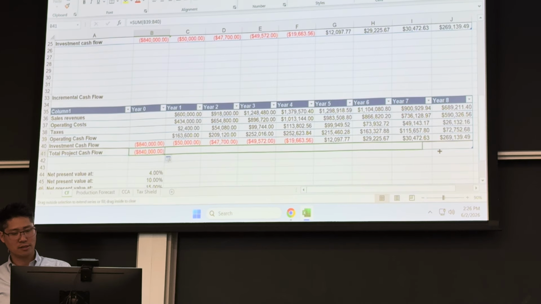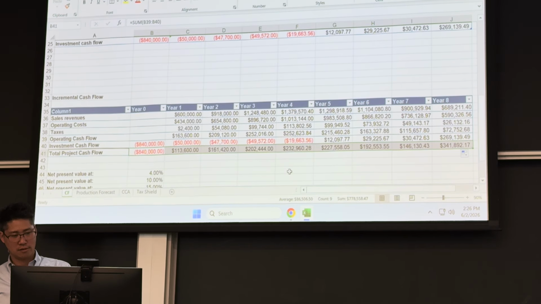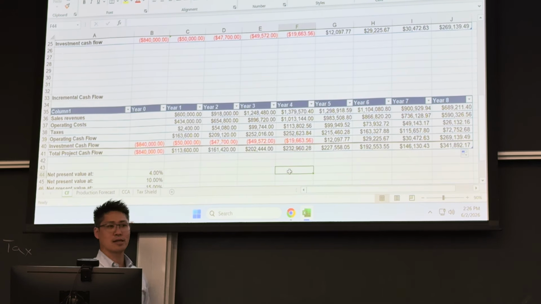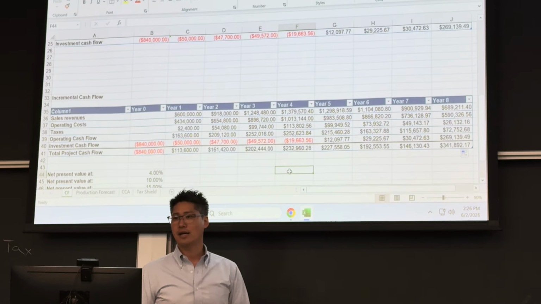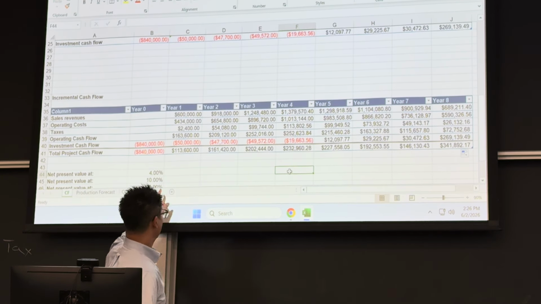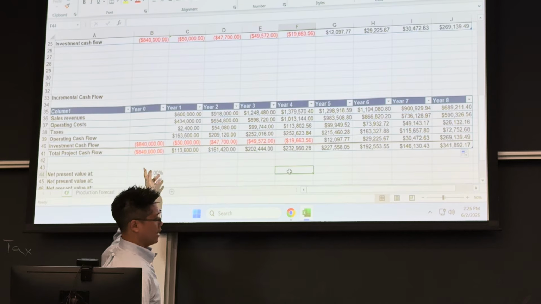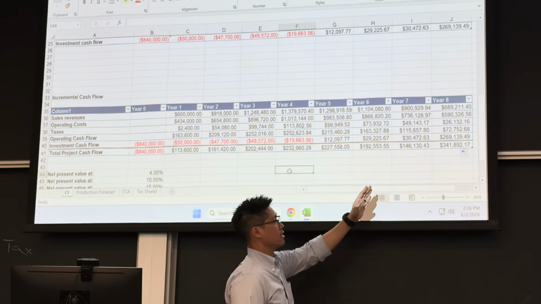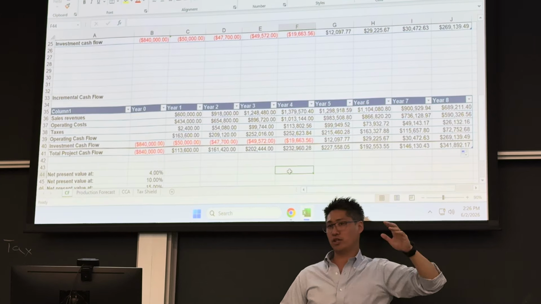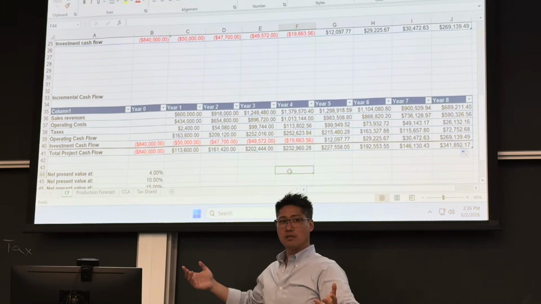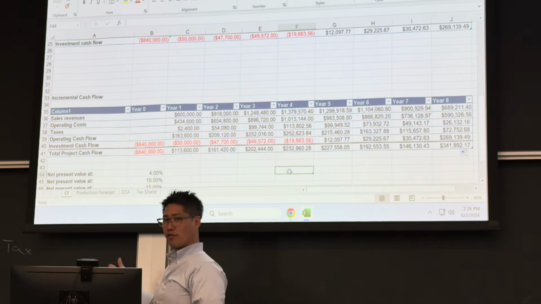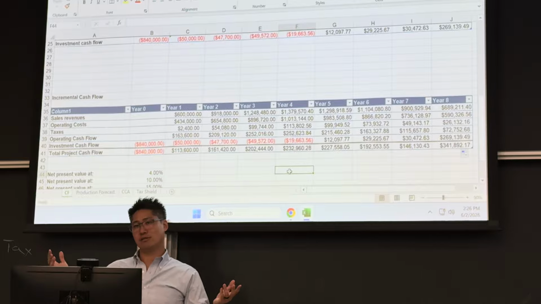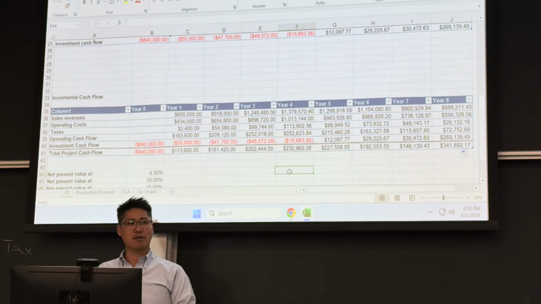Drag this across. There we go. That looks like our classic cash flow problem. Initial investment, 840,000. Every year is going to be positive cash flow until the end of the 8th year, when the machine is supposed to expire. All right? So where do we go from here? It's easy now. The last step is to calculate the net present value for this.